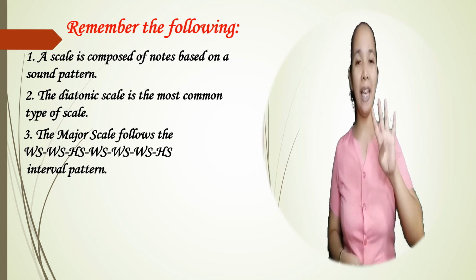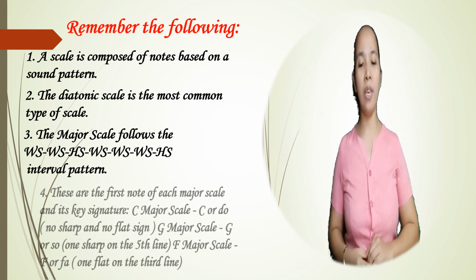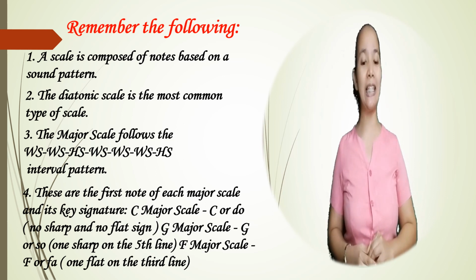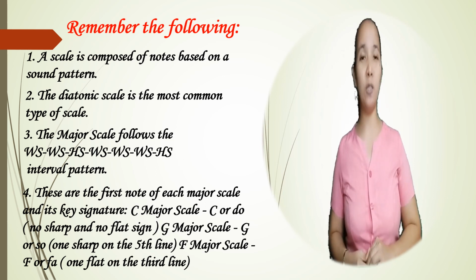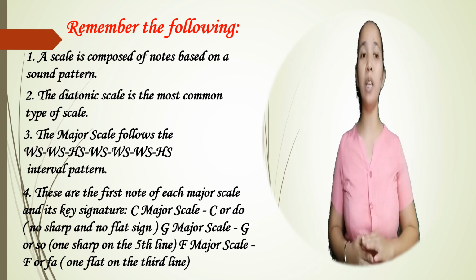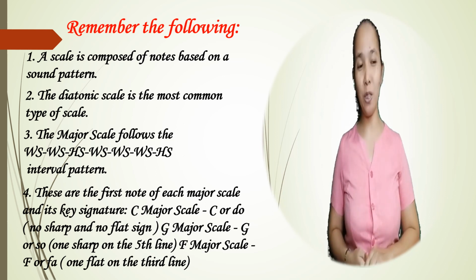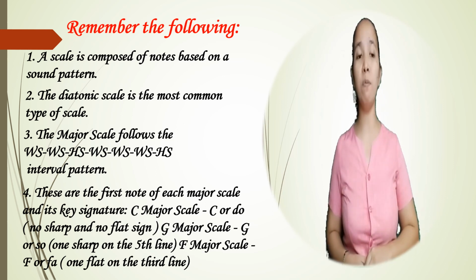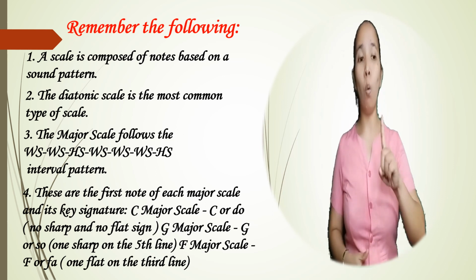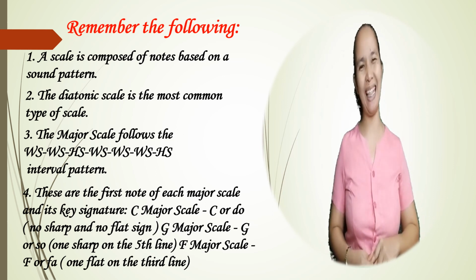And last, number 4, these are the first note of each major scale and its key signature. C major scale, C or Do, no sharp and no flat. G major scale, G or So, 1 sharp on the 5th line. And last, the F major scale, F or Fa, 1 flat on the 3rd line.